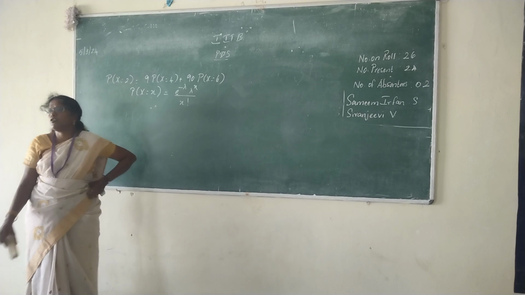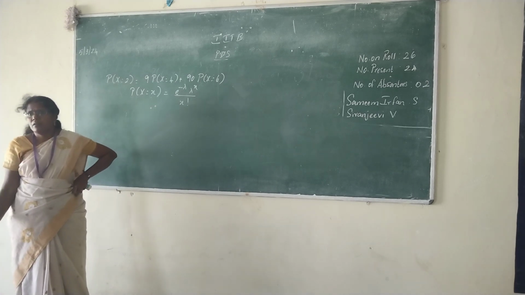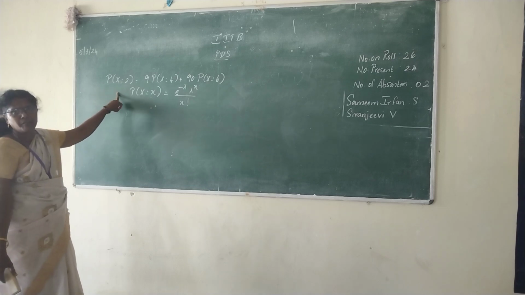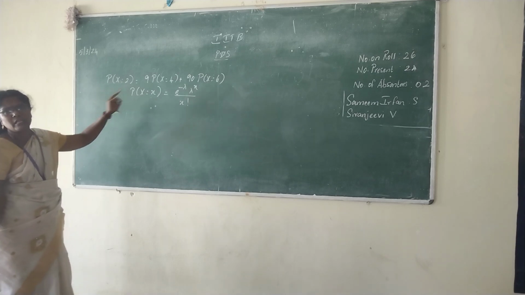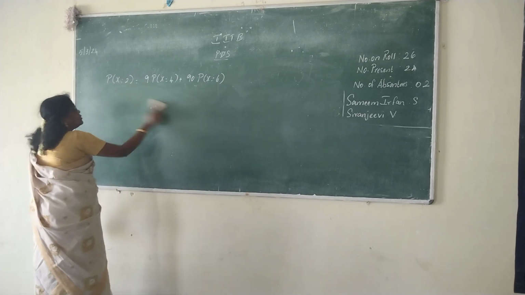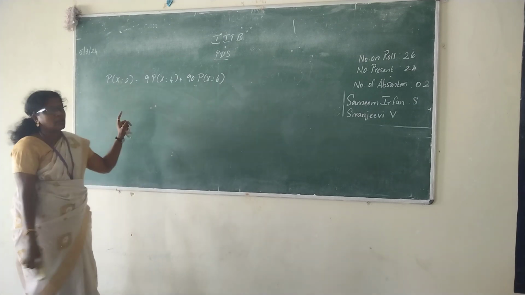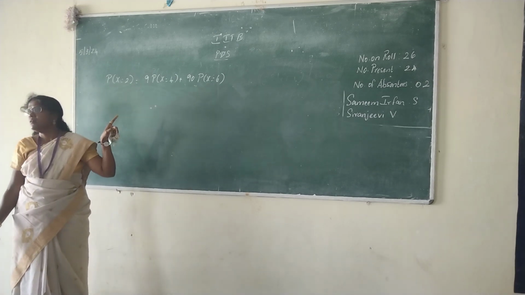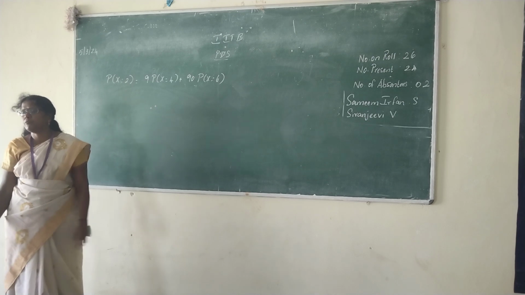Because for each probability you are going to apply the definition. Now write next line, write the given condition. Given probability of x equal to 2 is equal to 9 into probability of x equal to 4 plus 90 into probability of x equal to 6.